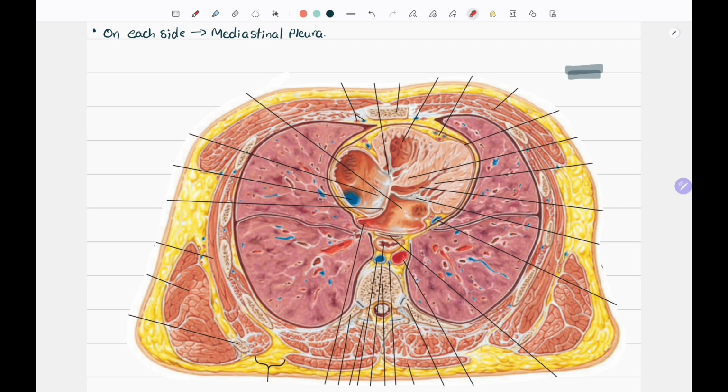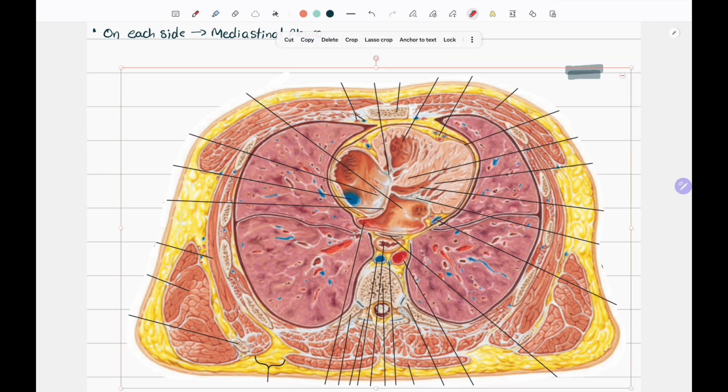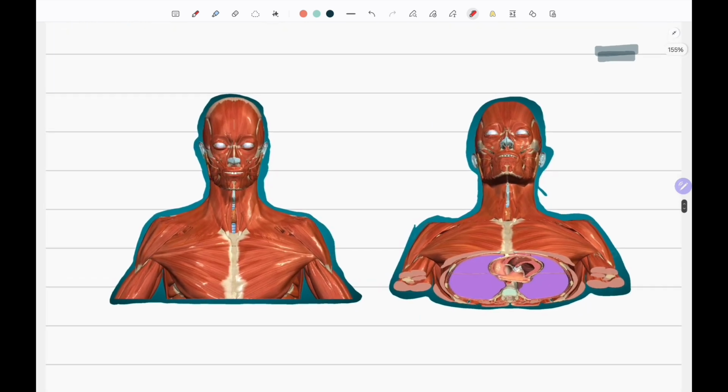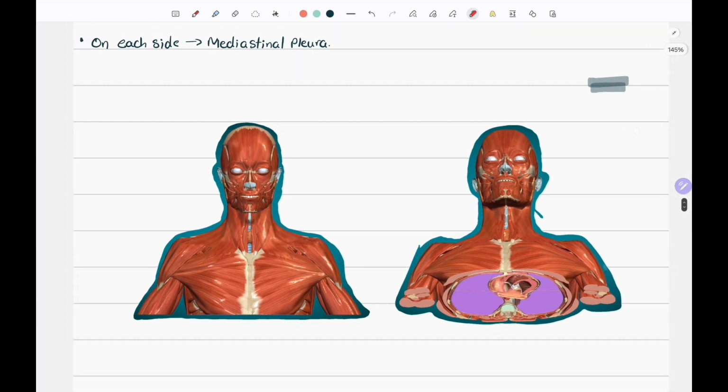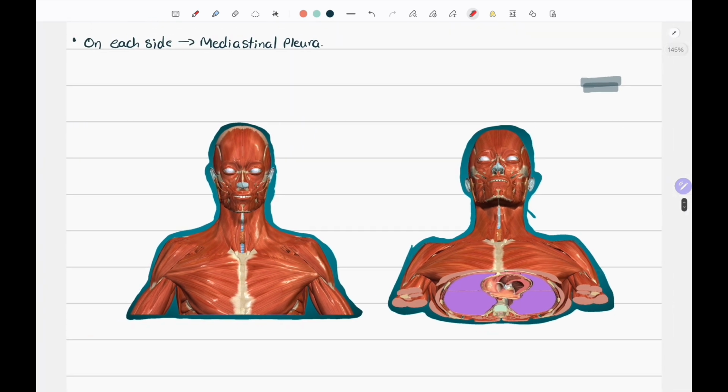This is the diagram of an axial section. I'll show you where you are right now. I have taken the axial section and we are viewing from below. If a person is lying in supine position, you are at the toes and viewing this axial section.